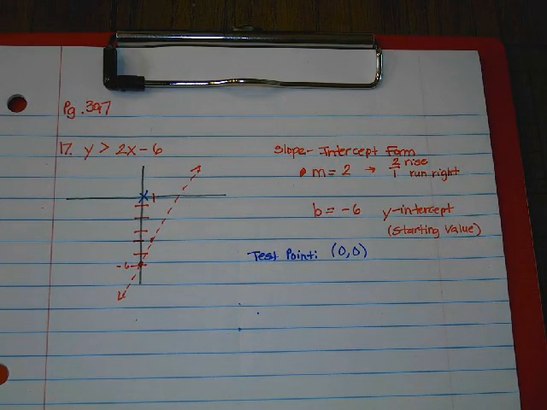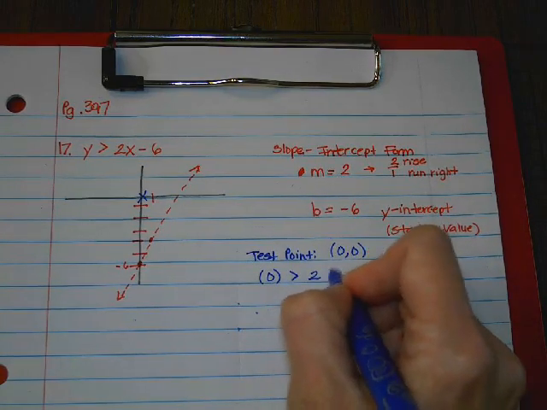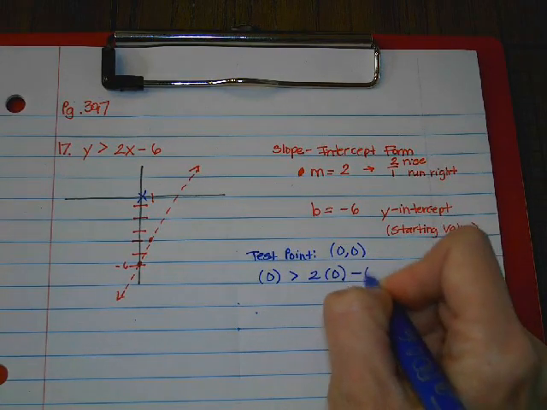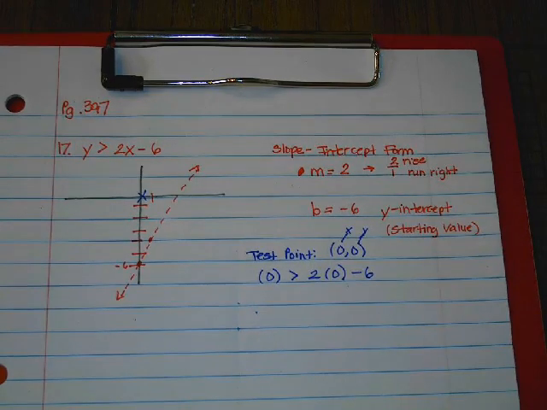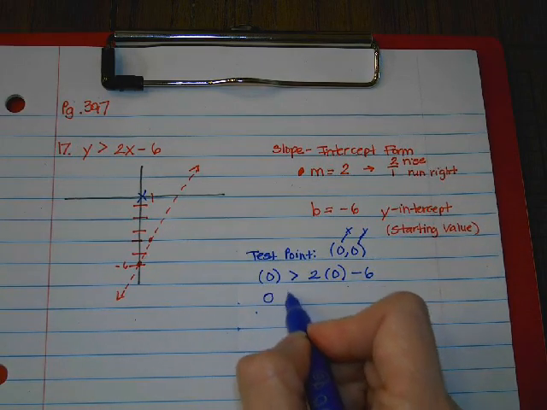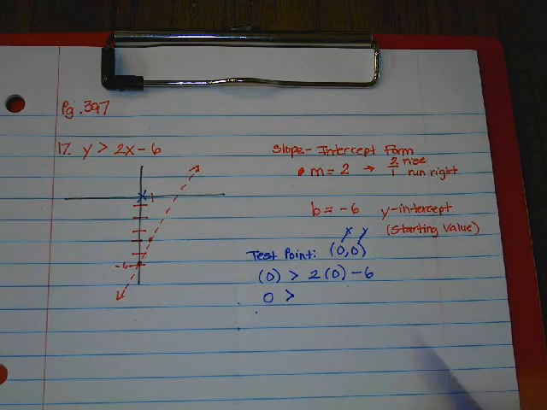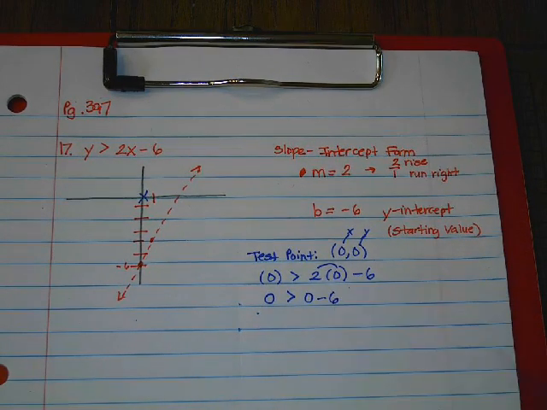So in my inequality we replace y with 0: 0 greater than 2 times 0 minus 6, because my x value is 0 and my y value is 0. There is no value in front of my 0 to multiply by, so I'm going to leave it 0 in my symbol. Then distribute, 2 times 0 is 0, take away 6.